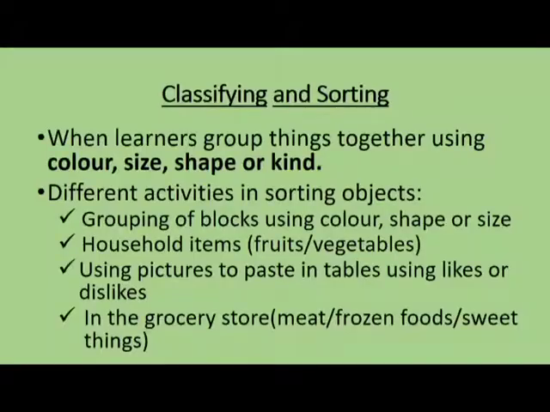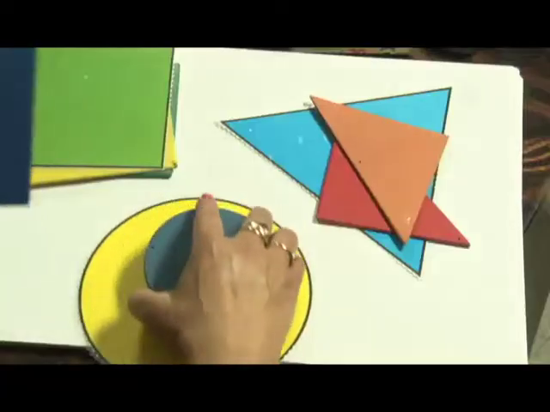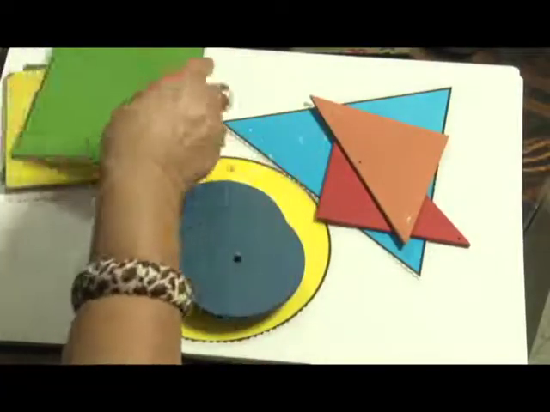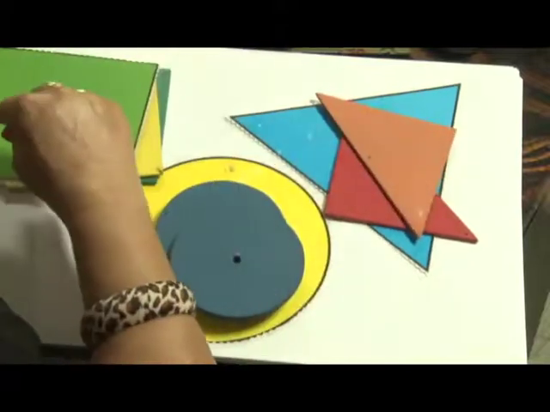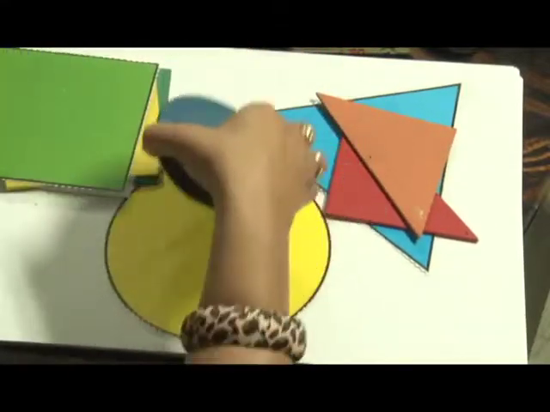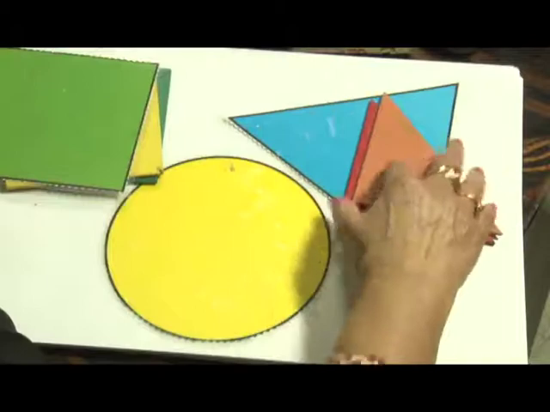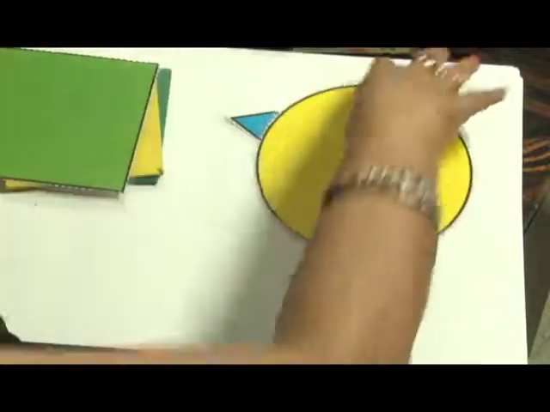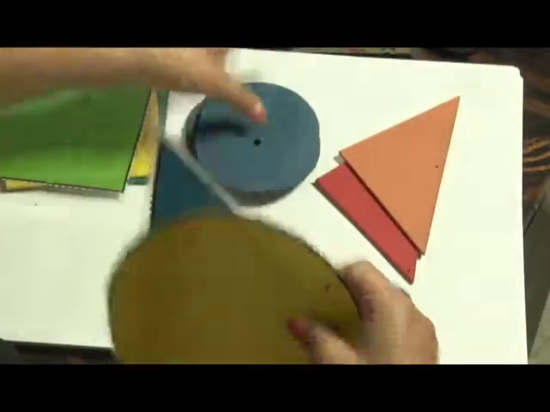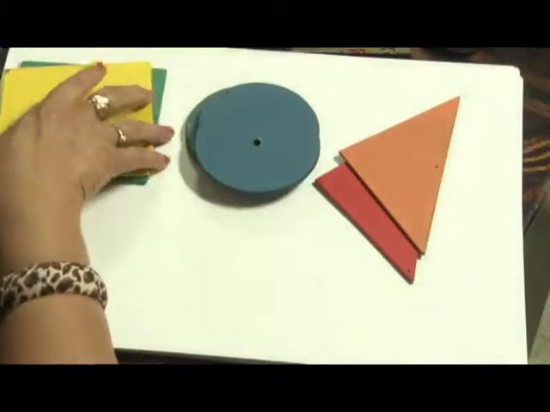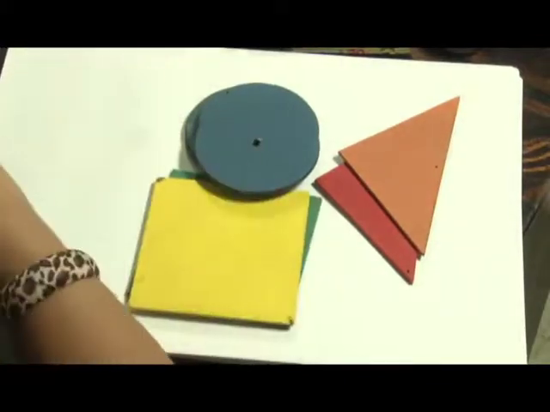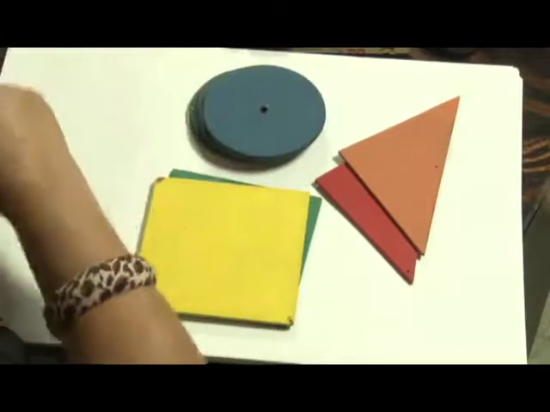Then we group according to shape, regardless of the color. And size, these are all of the same size. That is all sorting and classifying.